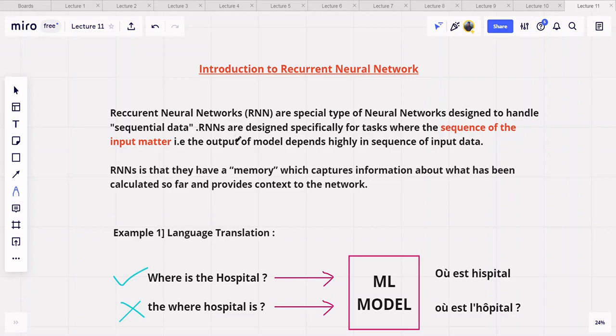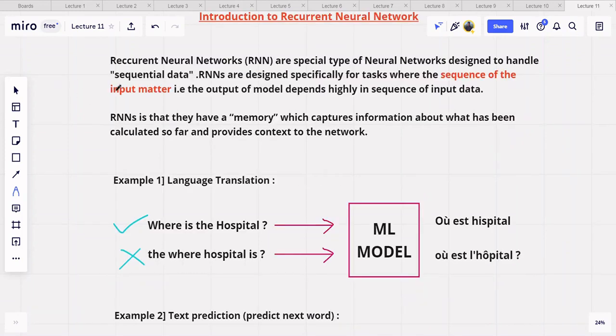Okay, so recurrent neural networks. Recurrent neural networks are a special type of neural networks designed to handle sequential data. Sequential data means mostly textual data.